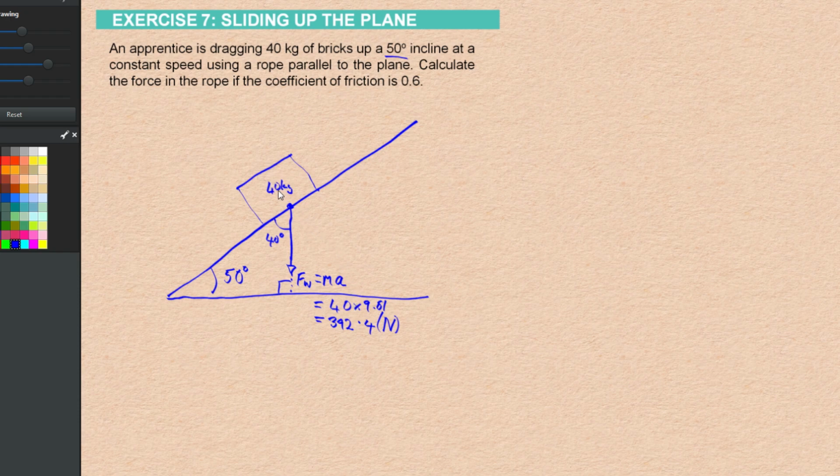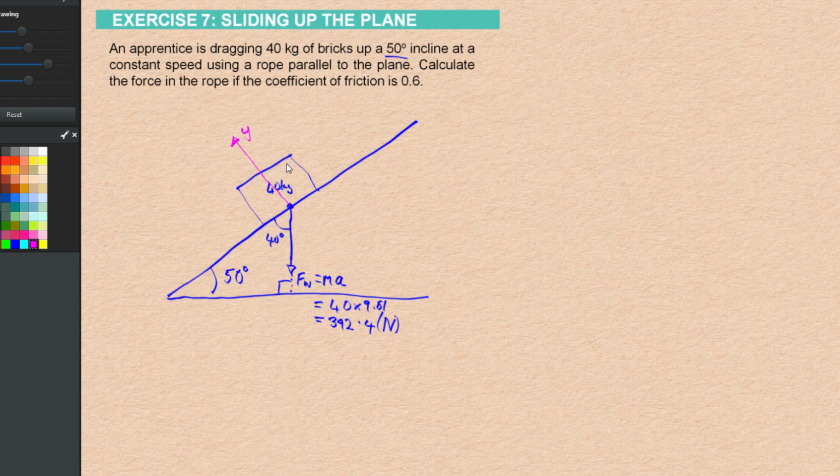Same as last time, we're going to have a different x and y than what we're used to, and I'll put that in a different color. We've got our y, which will be perpendicular to our inclined plane. You can either have it going up or going down, up to you.